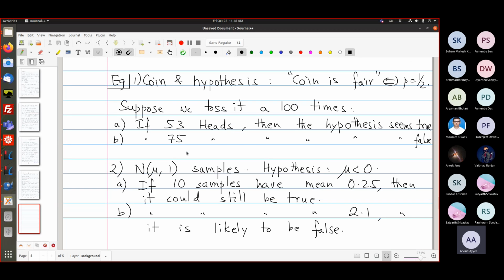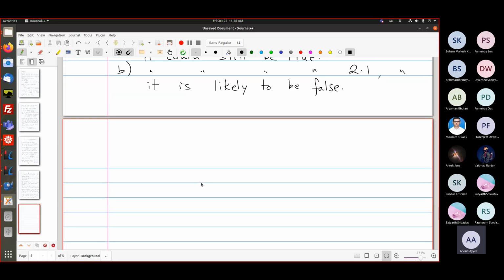All this is sort of qualitative. We want a precise quantitative procedure. You don't want to leave things to personal opinion, because we have biases and so on. So we want a precise procedure which will decide for us whether a certain hypothesis is true or not.